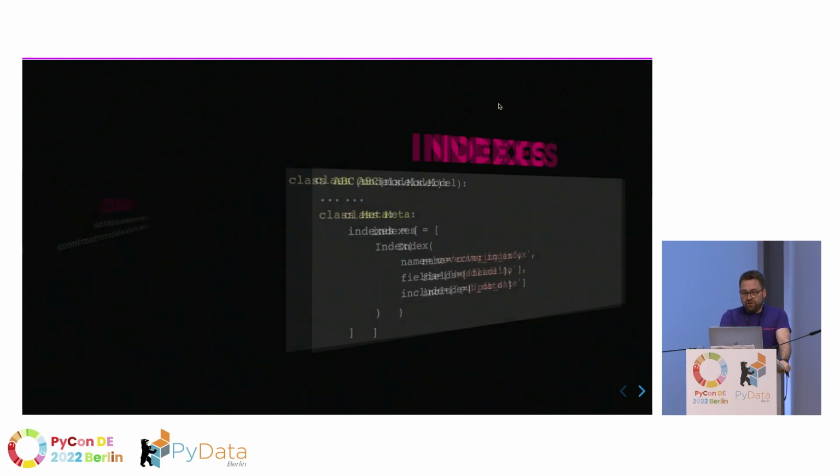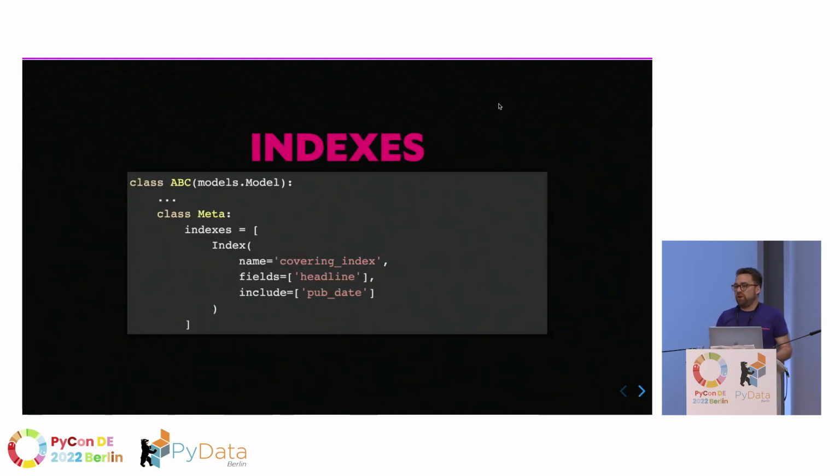I just show you a basic example on how to define an index in Django ORM. In this case, we create an index with the headline field, including the publication date field. And this way we can, for example, get a list of headlines by date and use a covering index for that.